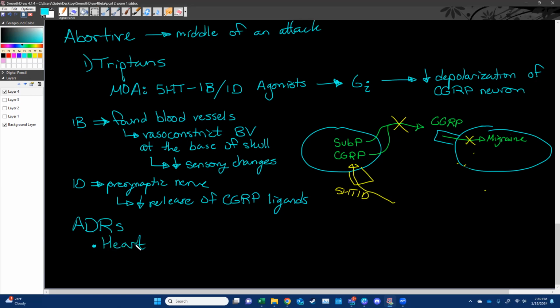That's really where we worry about them. They can have a couple of different effects. They can cause vasospasm, coronary artery vasoconstriction.